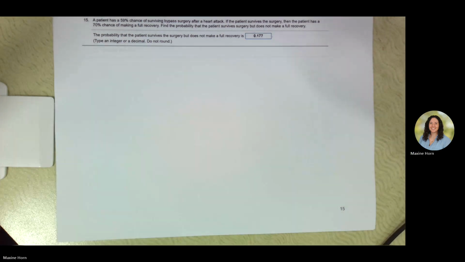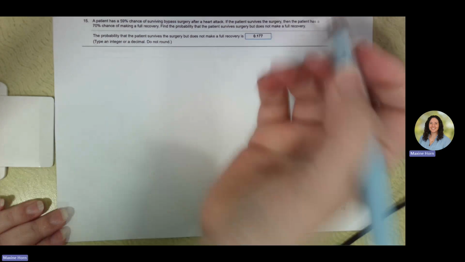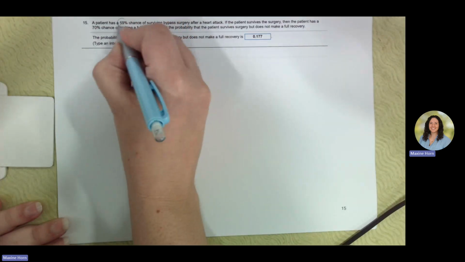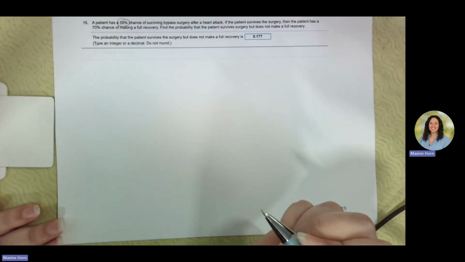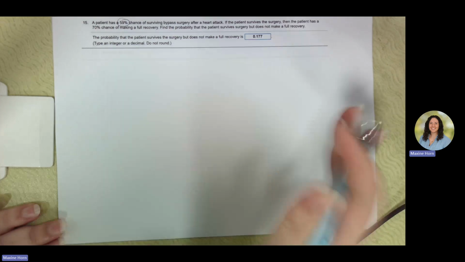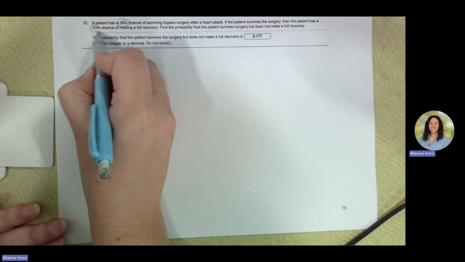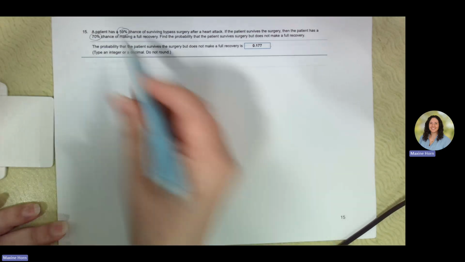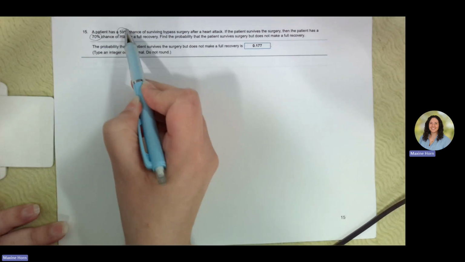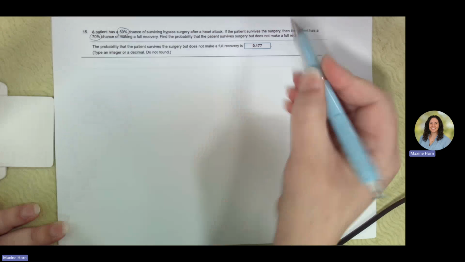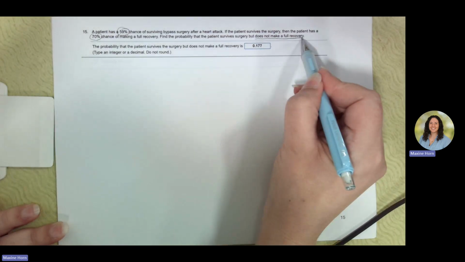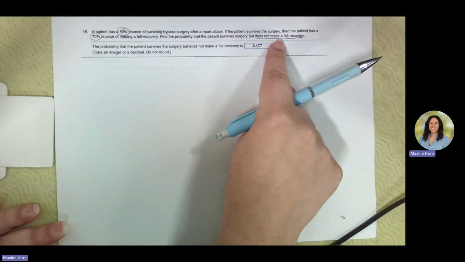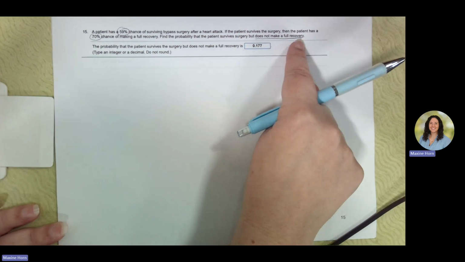Okay, so they said the patient has a 59% chance of surviving. And then if they do survive, after that, there's a 70% chance that they make a full recovery. But they want the probability that the patient survives, but then instead of making a full recovery, that they don't make a full recovery. So if there's a 70% chance of making the full recovery, we need to find that they don't make a full recovery.